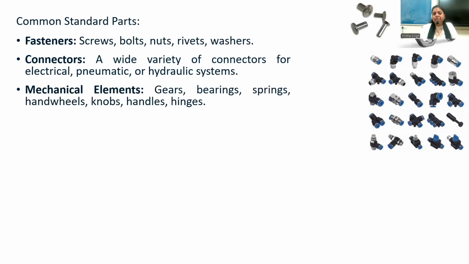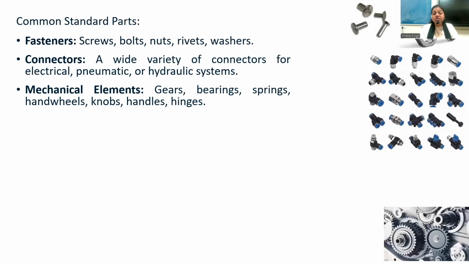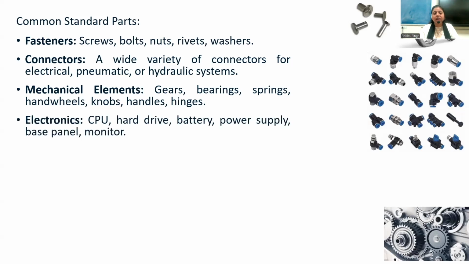Then the mechanical elements. Though the utilization of mechanical elements is limited, still it is very commonly available and very commonly utilized in multiple mechanical manufacturing units like gears, bearings, springs, hand wheels, hinges. See, gears is really a very important component in mechanical elements which can be utilized as a standard part. Multiple utilization of this particular gears.